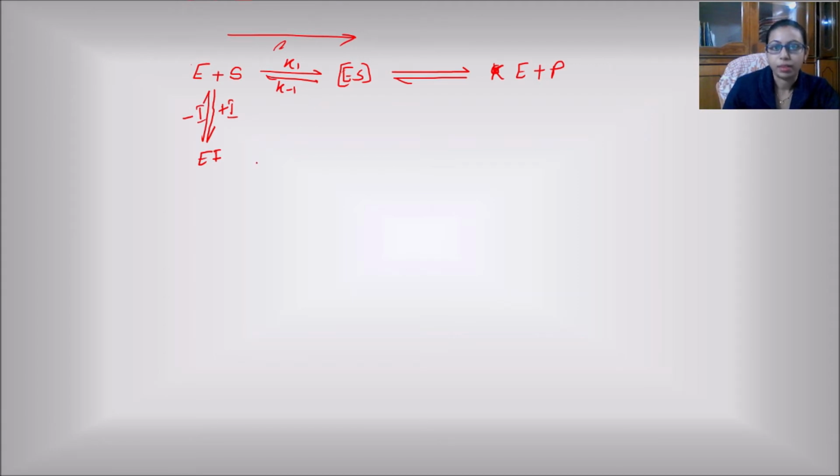Now, as we have represented K1, K minus 1 for the reaction constants in the absence of inhibitor, similarly, in the presence of inhibitor, let us represent Ki as the reaction constant when the inhibitor is present. So we can represent Ki, just like K1, as E into I by EI.